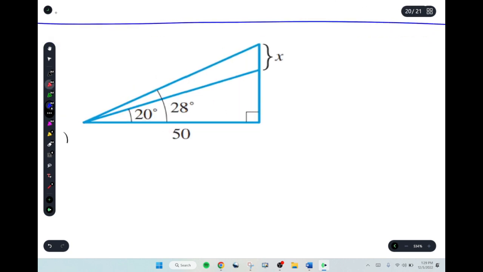So, for starters, I see two completely different triangles in here. Let's call one red triangle and one blue triangle.